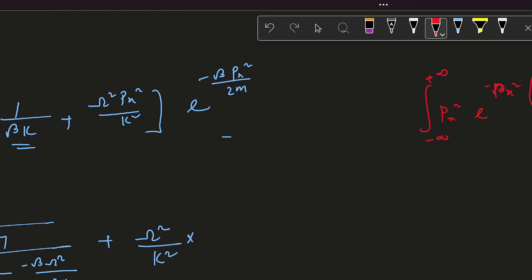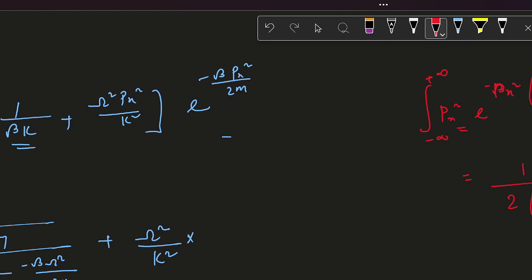So this is again a reduced Gaussian form where this is the constant, and because there is also a px squared term in front, this is just 1 by 2 times the constant, which is beta by twice m minus beta omega squared by twice k, into root over of pi by again this constant.